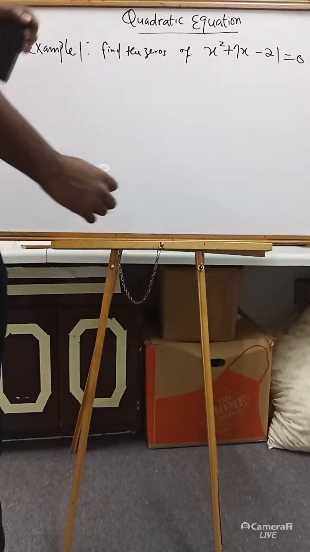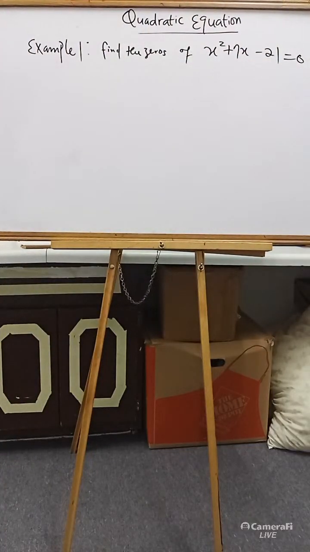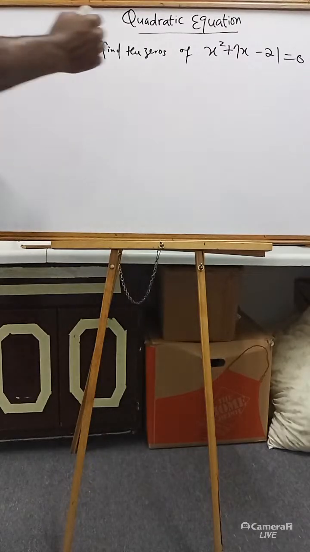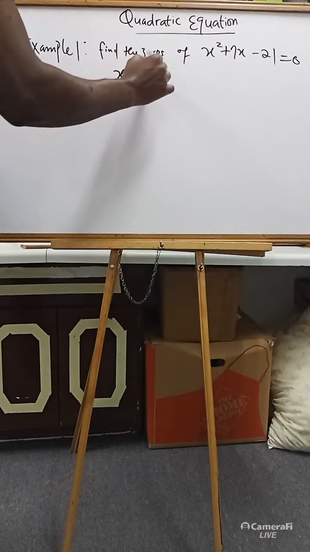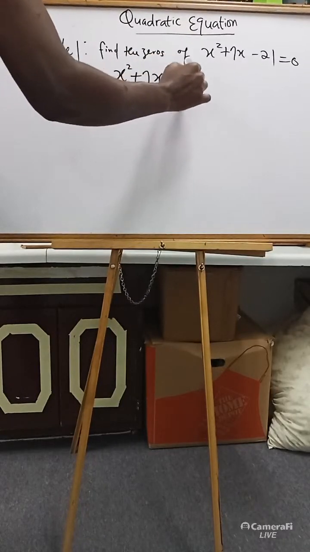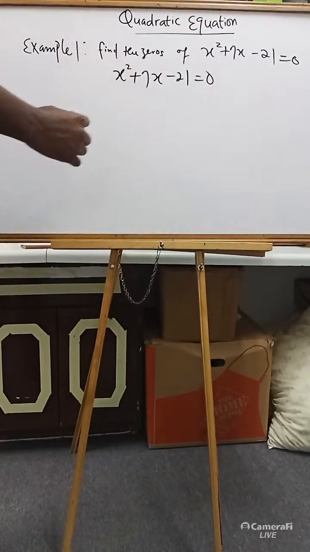So we want to find the zeros of this quadratic equation. Let me write this question: x squared plus 7x minus 21 equals 0.